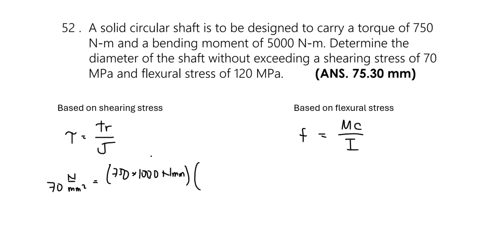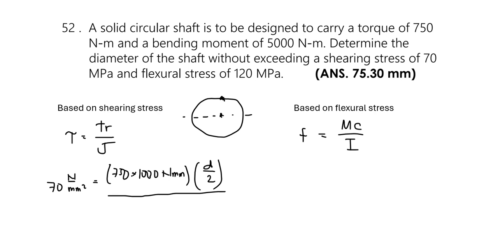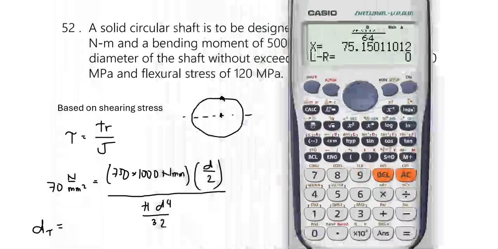And for r, which is the distance from the neutral axis or the centroid of the circle going to the outermost edge of the circle, that is the radius or half of the diameter, divided by the polar moment of inertia for a solid circular shaft, that is pi d raised to the fourth power divided by 32. Now we can solve for the diameter based on the shearing stress using our calculator.